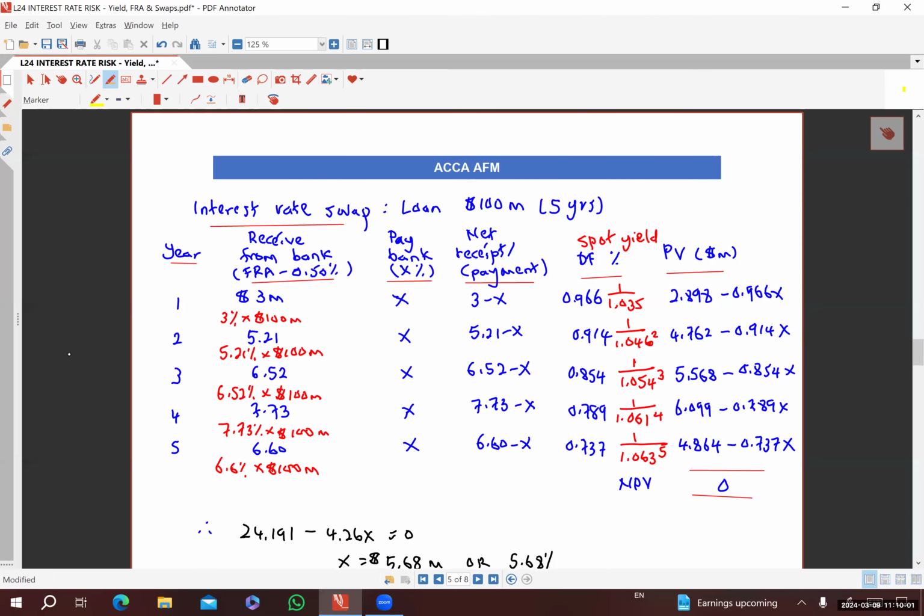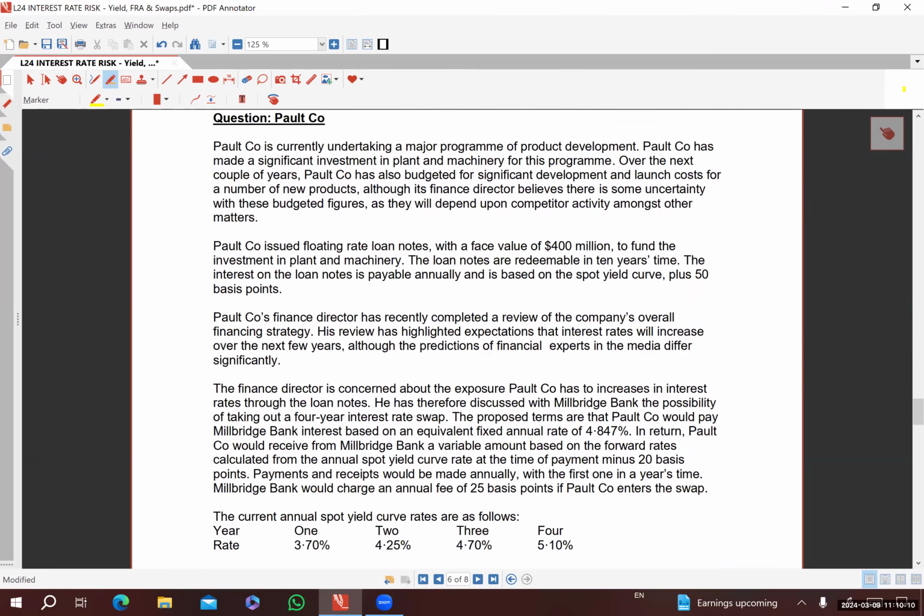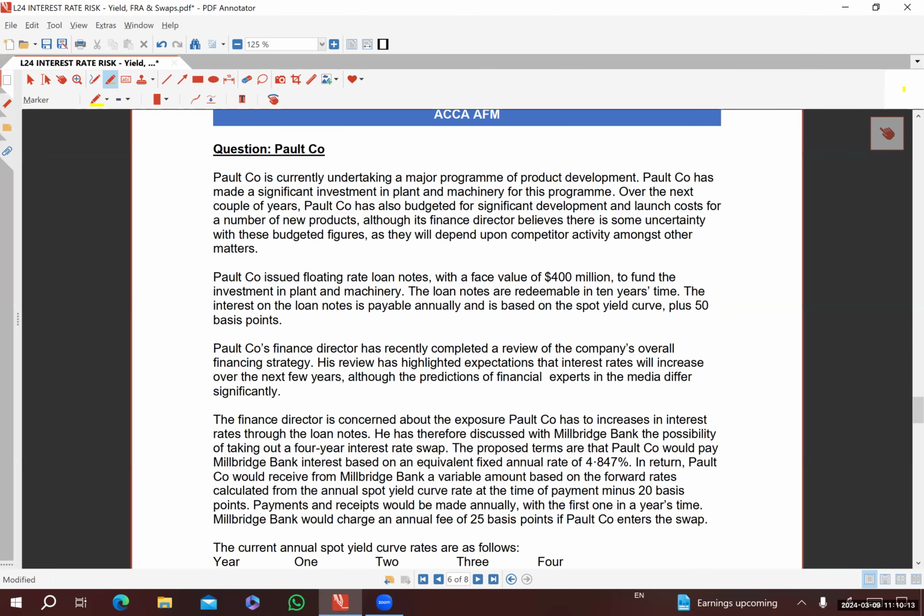Okay. Now there are many questions designed based on this article over the years. We just look at one. We look at one, Pork company. Pork is currently undertaking a major program of product development.